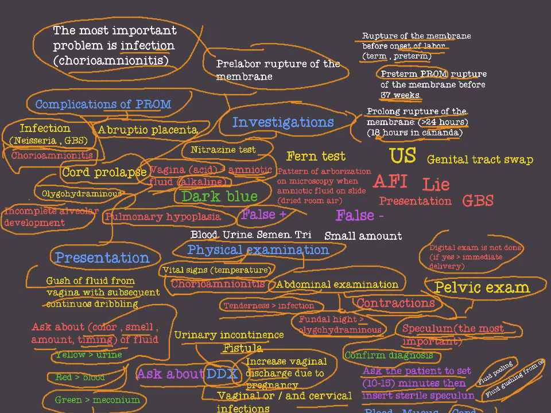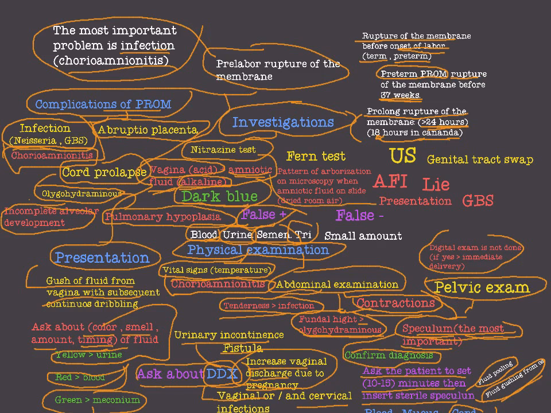It may be due to blood, or basic urine. It may be urine that made the nitrazine test dark blue. Maybe semen, an exogenous source, or some infections like trichomonas infection. Trichomonas infection will convert the nitrazine paper into dark blue.